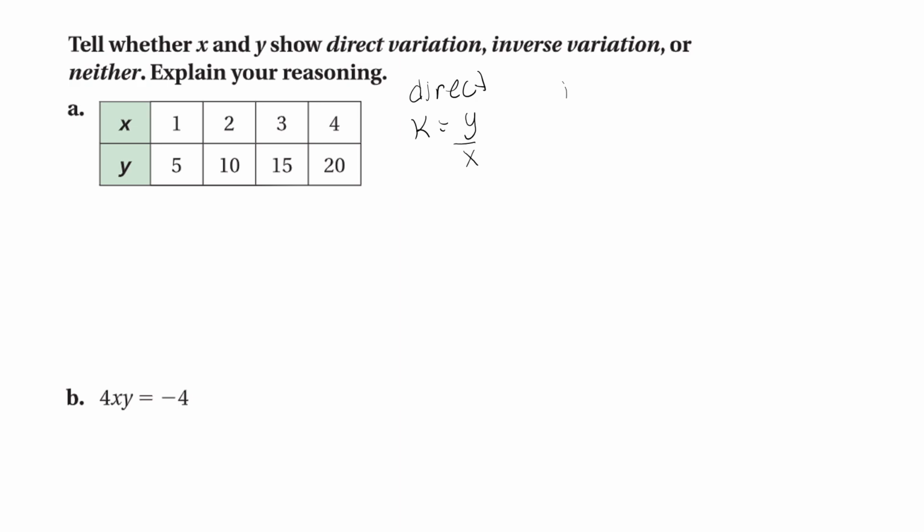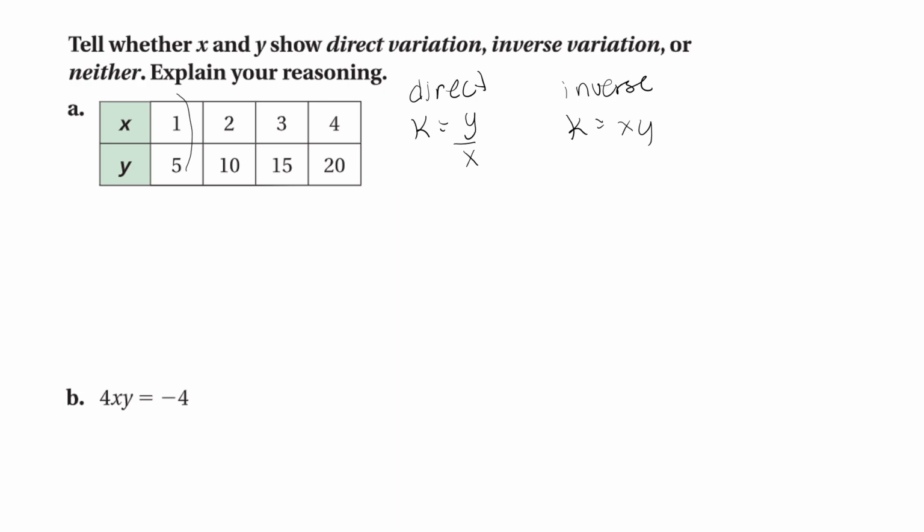And if we had an inverse variation, our constant of variation would be equal to x times y. So when we're looking at our x and y values, we want to look for a constant k that's the same for all of these.